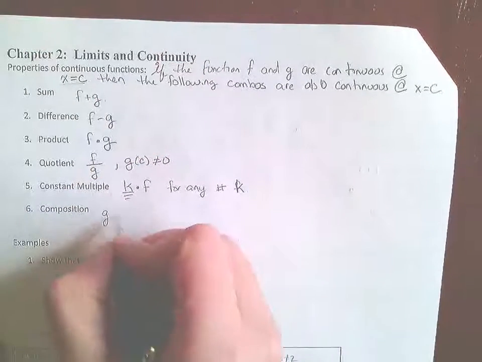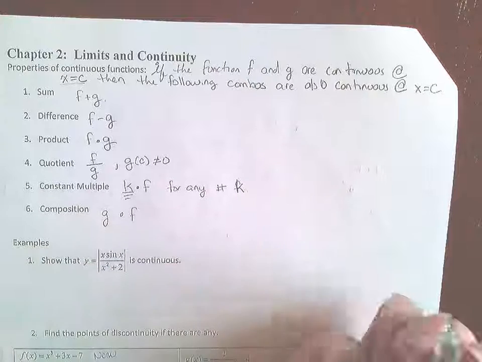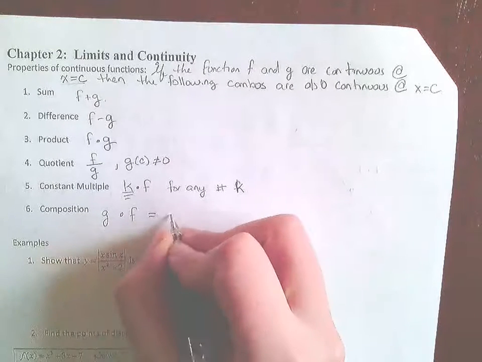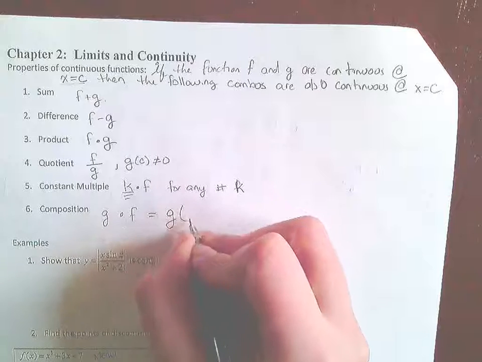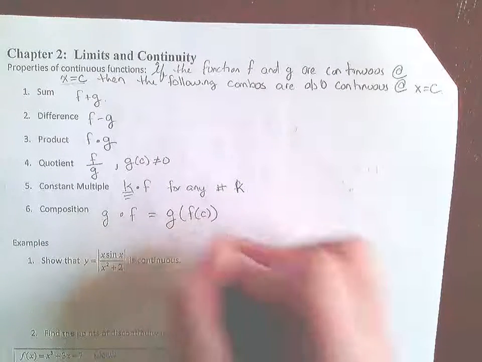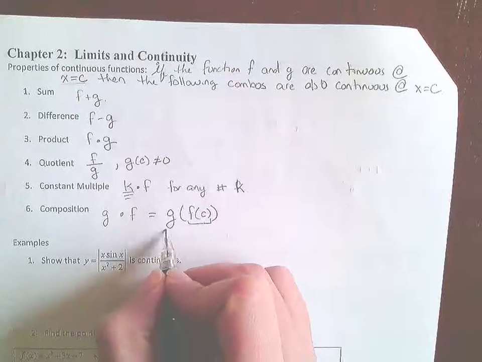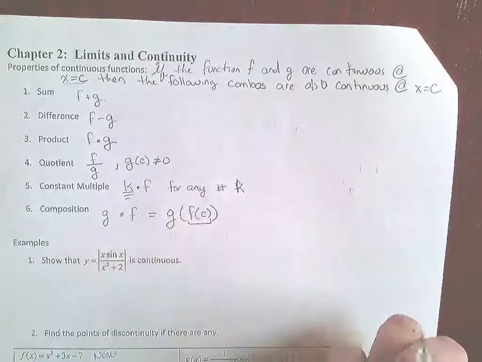So it's g of f. I don't think it really matters, but I guess we'll see through examples. And you remember what this means is g of f of c. So if f is continuous at c, then g of whatever that is is also going to be continuous.